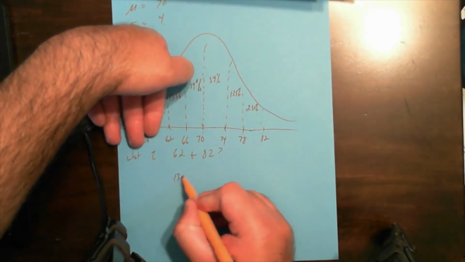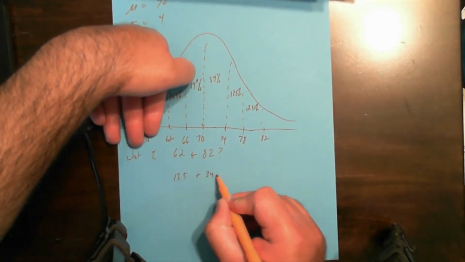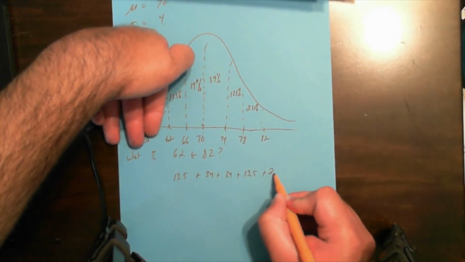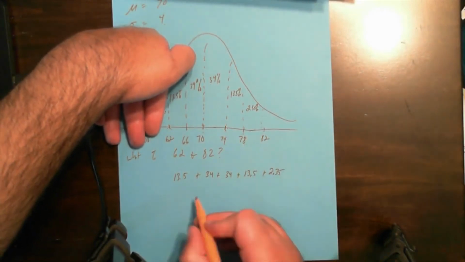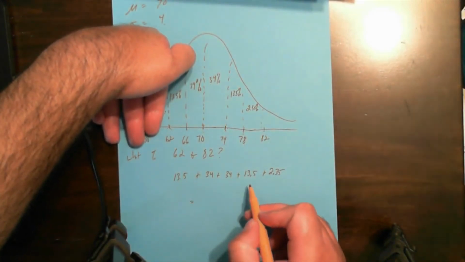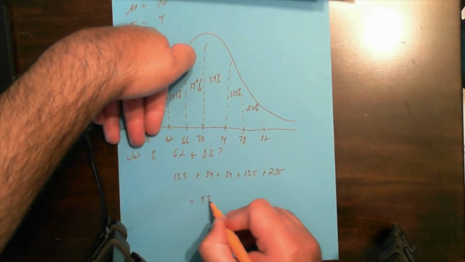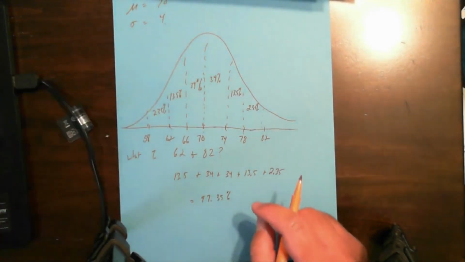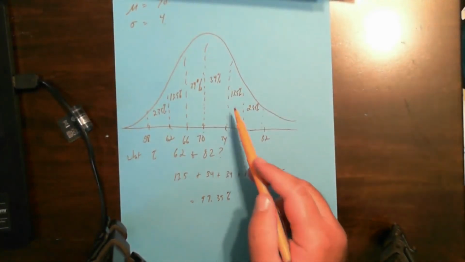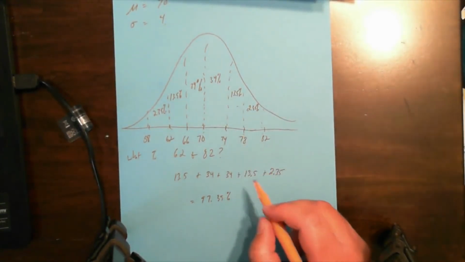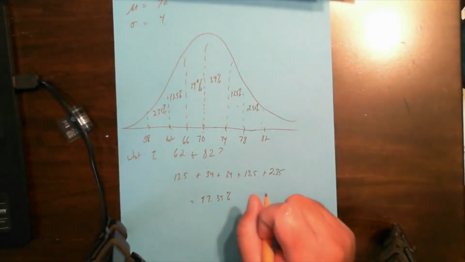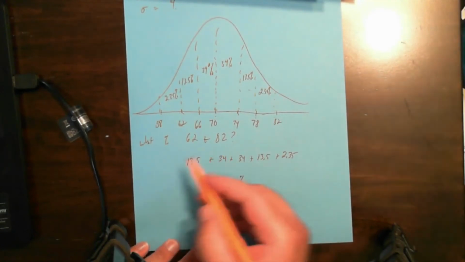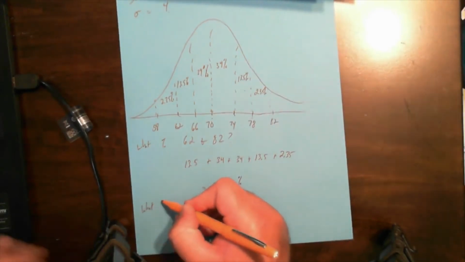So I would say it would be 13.5 plus 34 plus 34 plus 13.5 plus 2.35. Okay? And then I just add all of those numbers up. So that would be 97.35, I think. You can double check that number there. But that's essentially how you can use a normal distribution to find out what percentage of the data falls within a certain range.